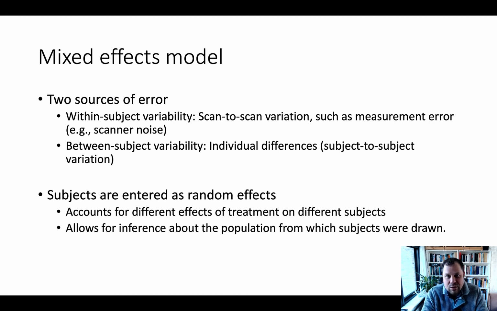The variation that occurs to subject can be driven, for instance, by how different participants respond to the task, for instance, to condition A versus condition B. And that might change, so there might be different levels in the bold response across participants. And this is what we're now entering into the model as a random effect. So subjects are entered as random effects in these models.